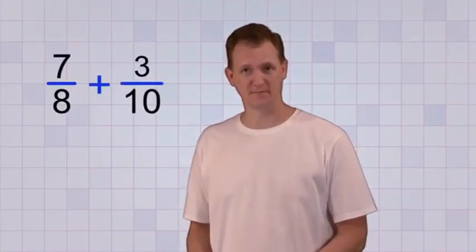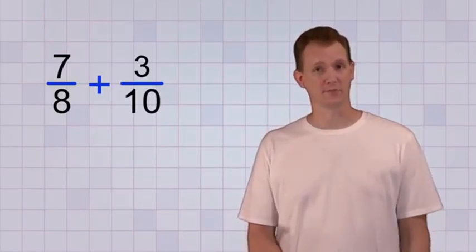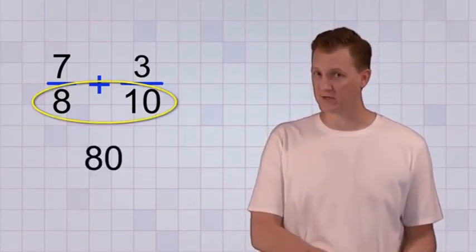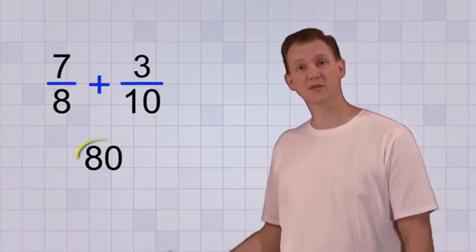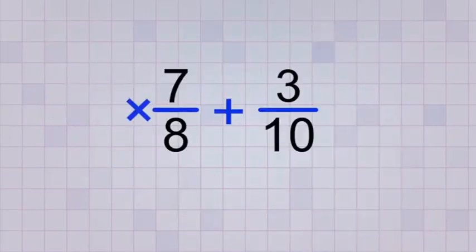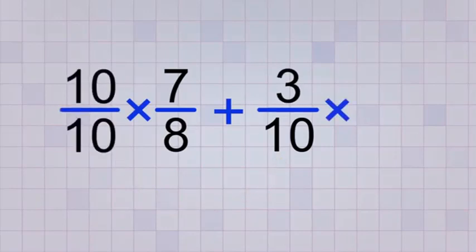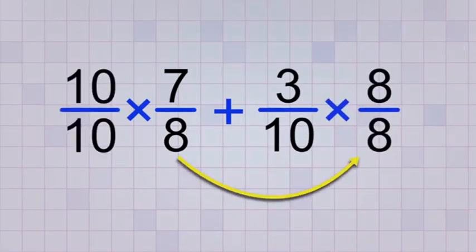Let's see one more example of this method. Let's add the fractions 7 over 8 and 3 over 10. Our common denominator for this problem is going to be 80, because that's what we get when we multiply the denominators together. 8 times 10 equals 80. We'll multiply our 7 over 8 by the whole fraction 10 over 10, and we'll multiply our 3 over 10 by the whole fraction 8 over 8.